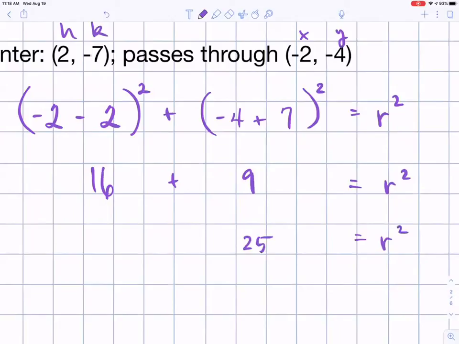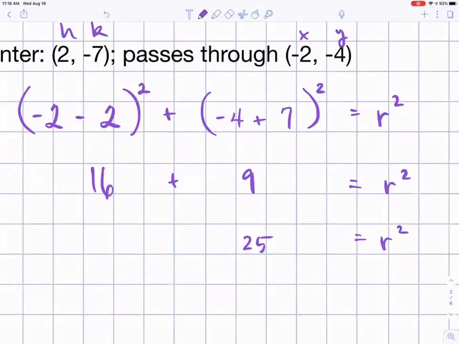What's my goal here? What am I trying to do? I'm trying to get my standard equation. Does my standard equation require an R, or does it require an R squared? Go back to your standard equation. Yeah, it requires an R squared. Okay, I have my R squared.